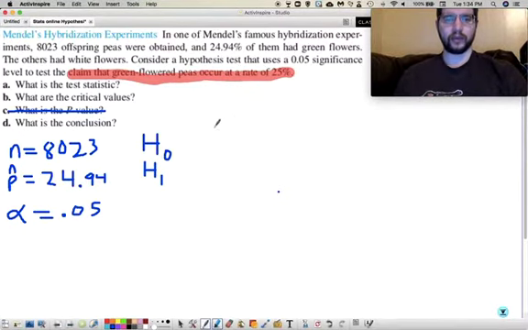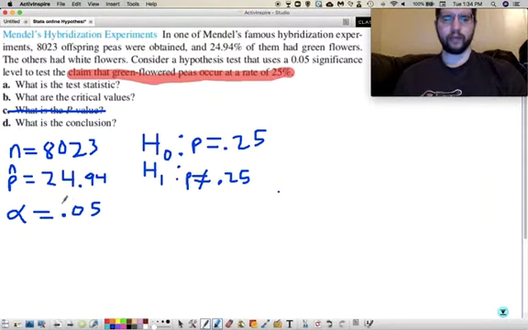That has equality in it. That's going in my H naught. P equals 0.25. So my alternative would be a not equal to. Either way, my P, the population proportion, is 0.25. That makes Q 0.75.